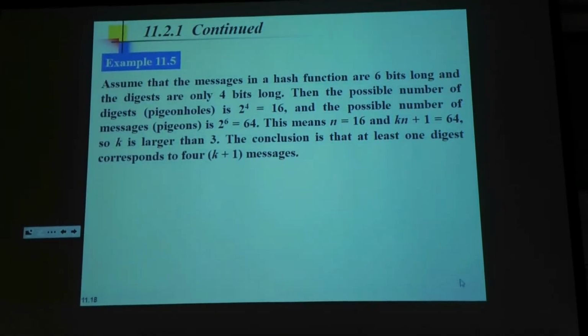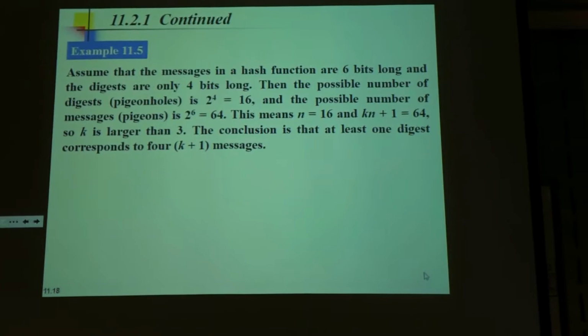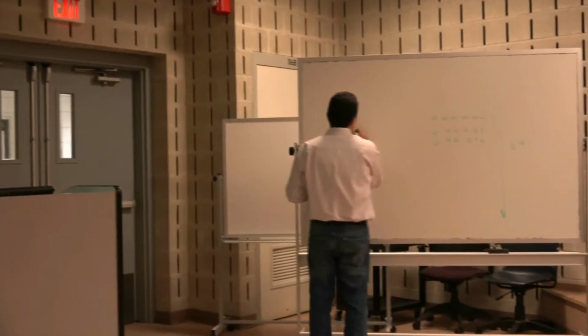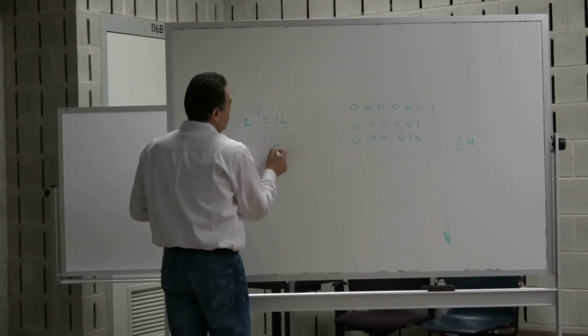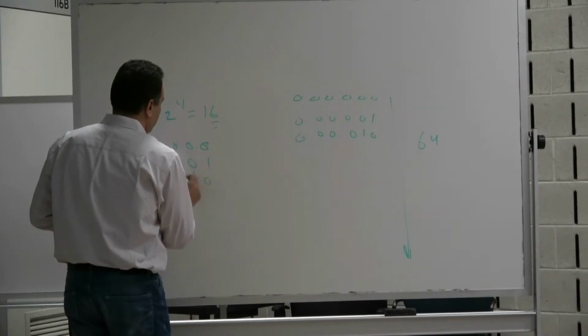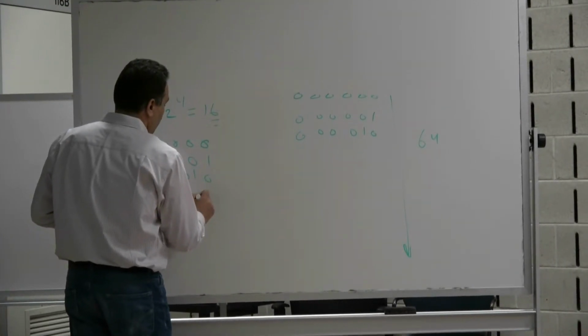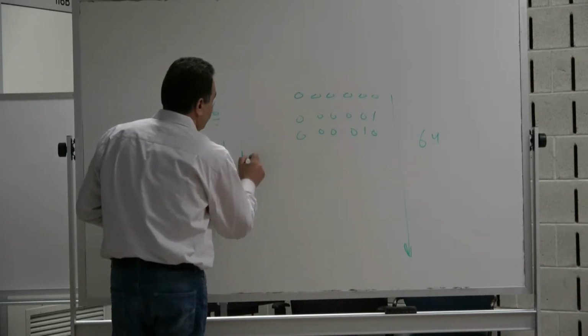So the messages are 6 bits long, and the digest is only 4 bits. So how many options do I have for the digest? 2 to the power 4, which is 16, right? 16 options.